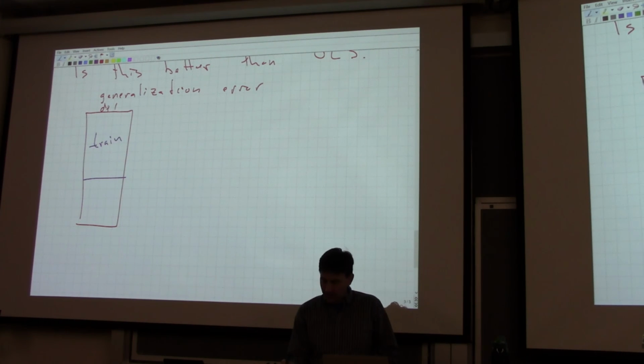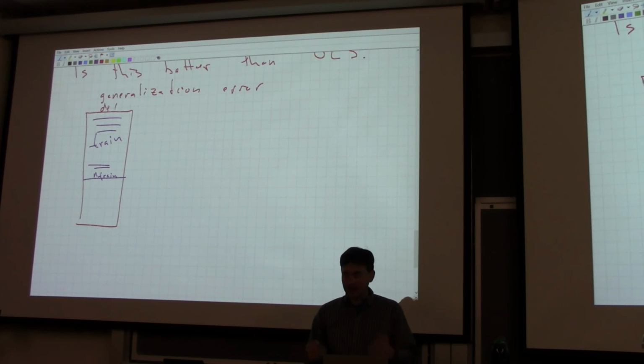You're going to train on this data, through N1 or N, so the number of training data you have.